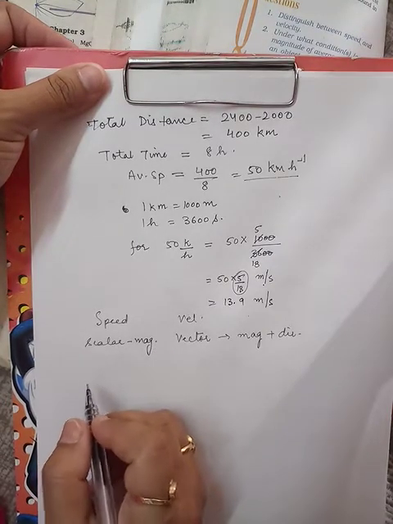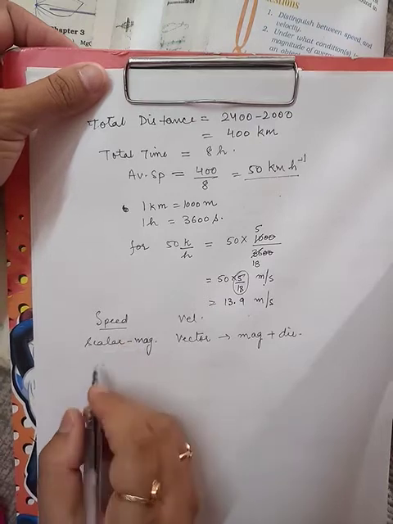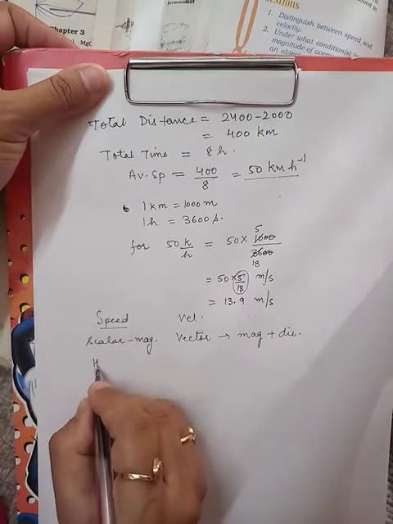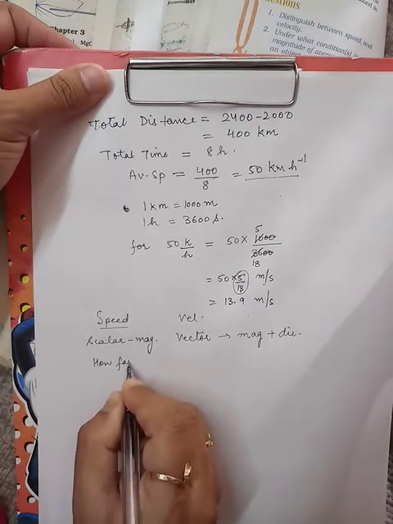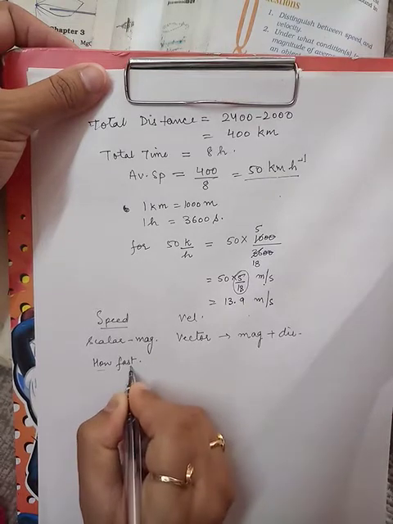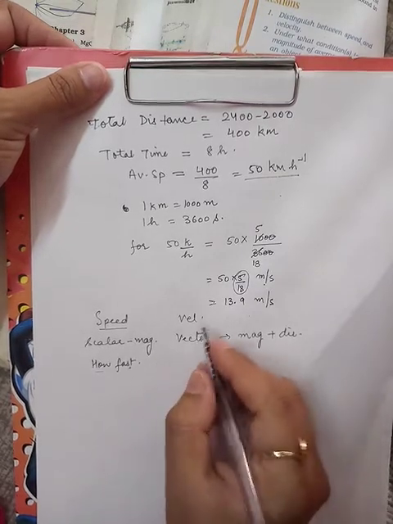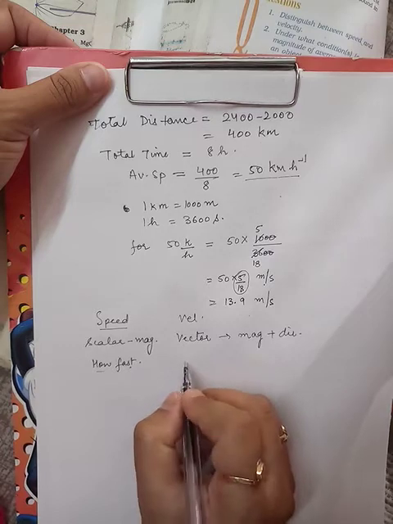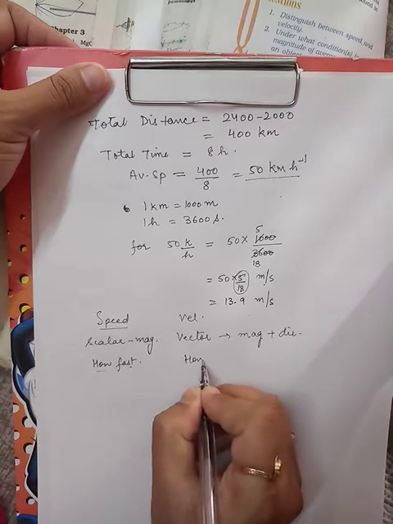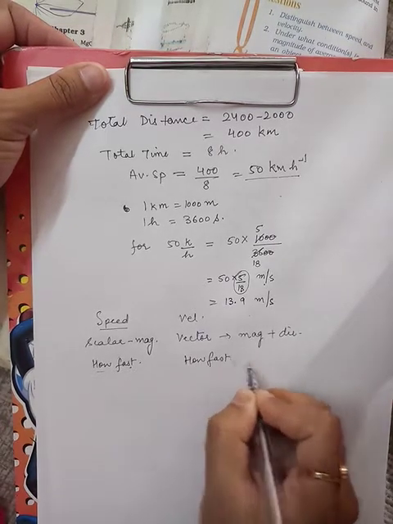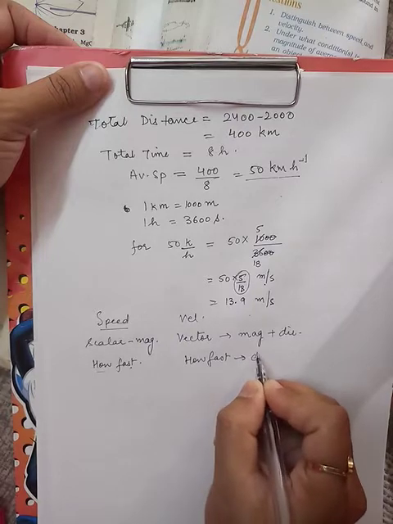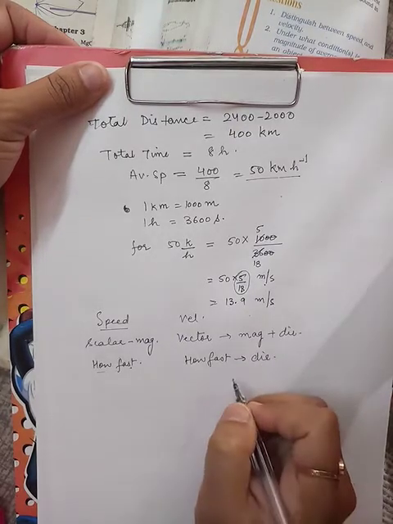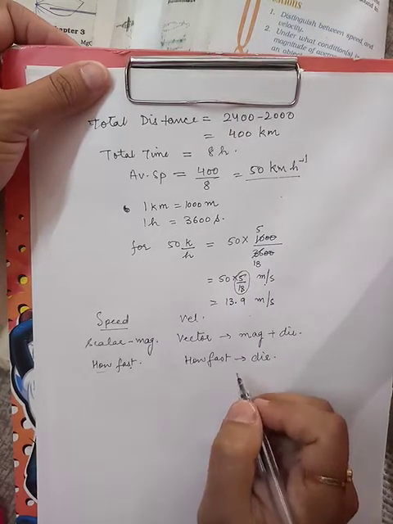Speed tells us how fast an object is moving by the value, and velocity will tell you how fast and in what direction it is moving.